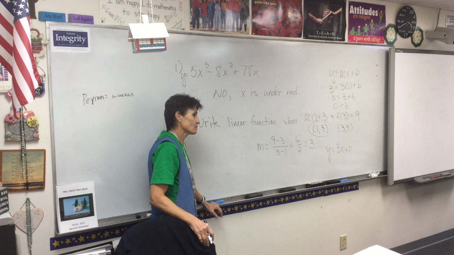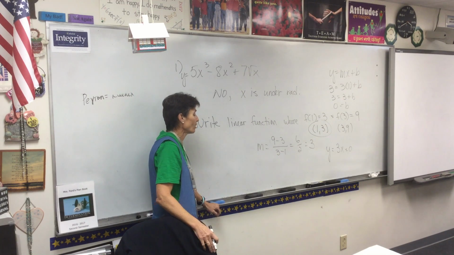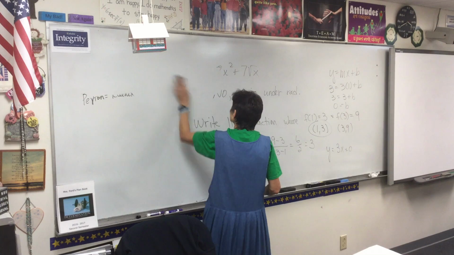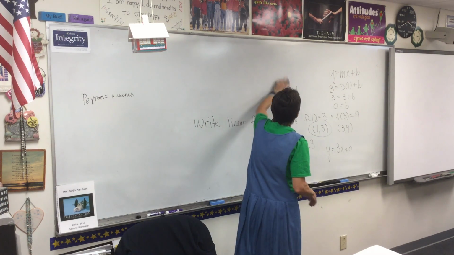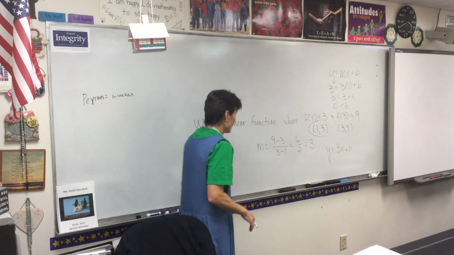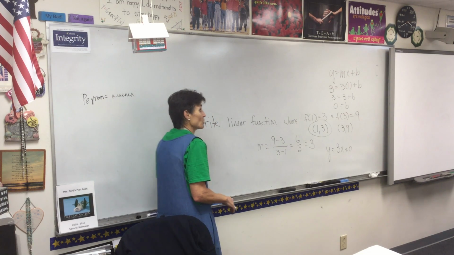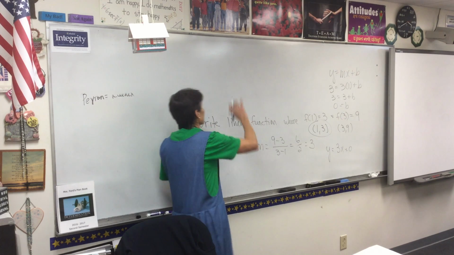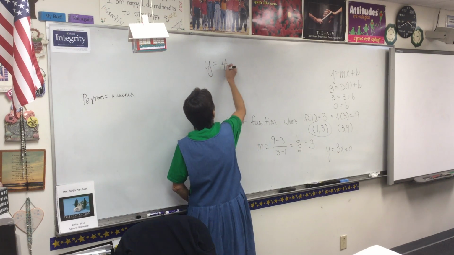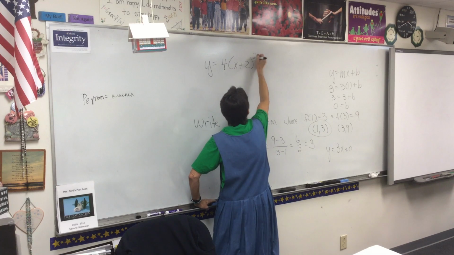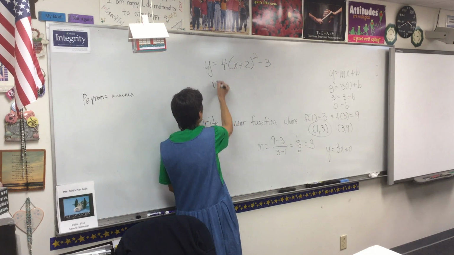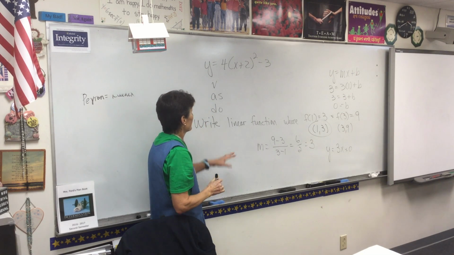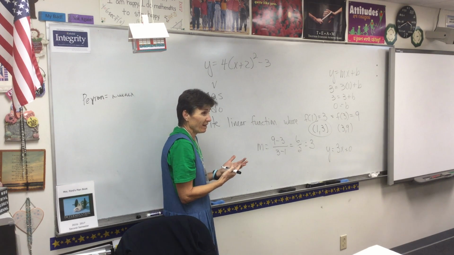And then the third question on the quiz is going to be, I'm going to give you an equation, and you're going to find the vertex, axis of symmetry and direction of opening however you want. So if the equation looks like this, are you going to use a formula?